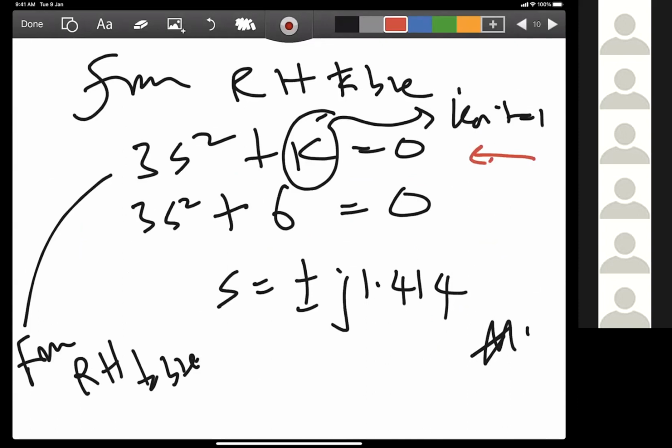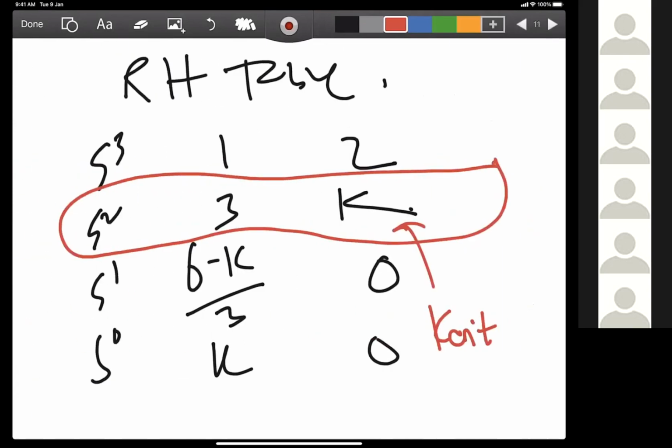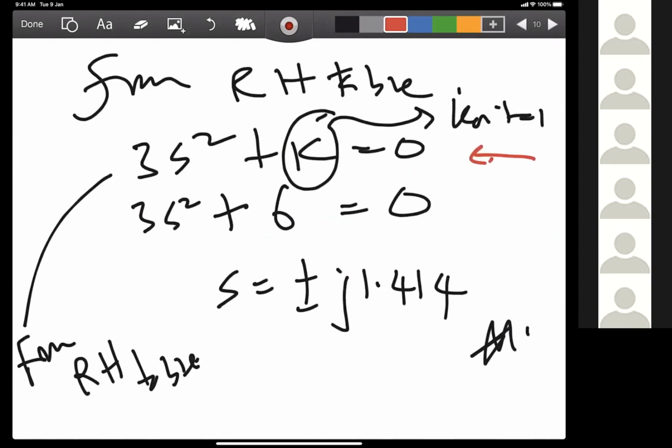I think you did not understand my question. My question is about the last equation, s equal to 1.14. It should be equal to 2. If you say 3s squared plus 6, you take the 6 to the other side and divide by 3, you get s squared equals minus 2.